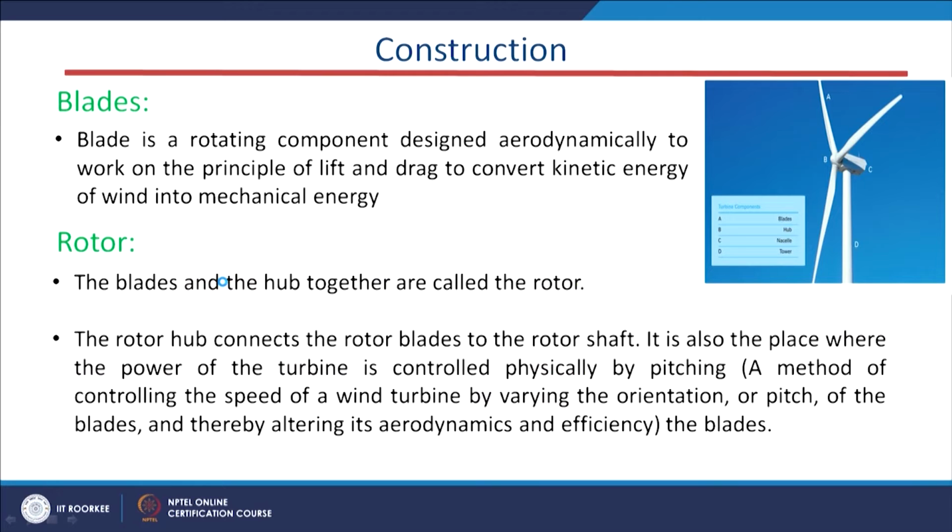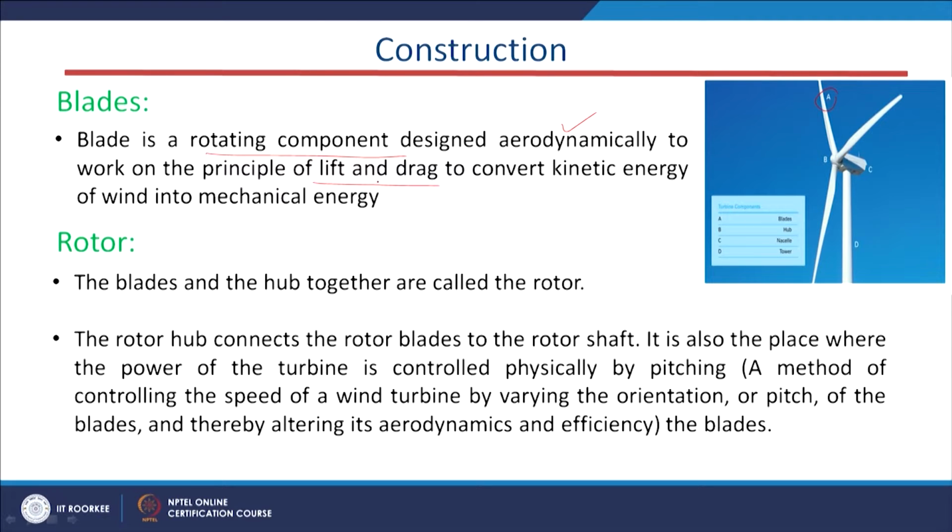Coming to the blades of the wind farm. This structure A is the blade of the wind energy system. What is the function of this blade? This blade is a rotating component which is designed aerodynamically to work on the principle of lift and drag.